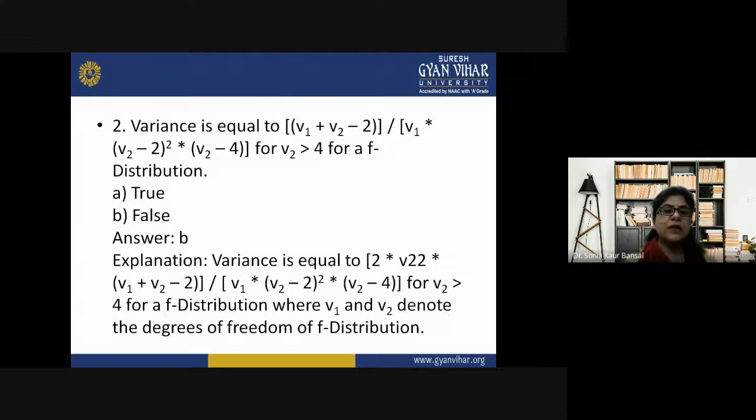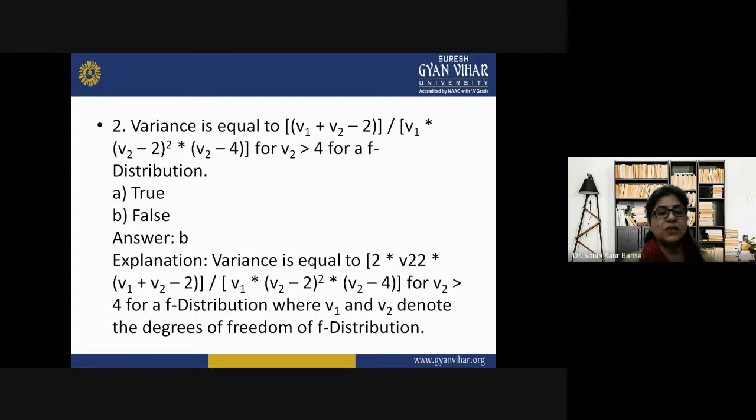Okay, then the second question: the variance is equal to V1 plus V2 minus 2 over V1 times (V2 minus 2) squared times (V2 minus 4), for V2 greater than 4, for the F distribution. Is it true or false?